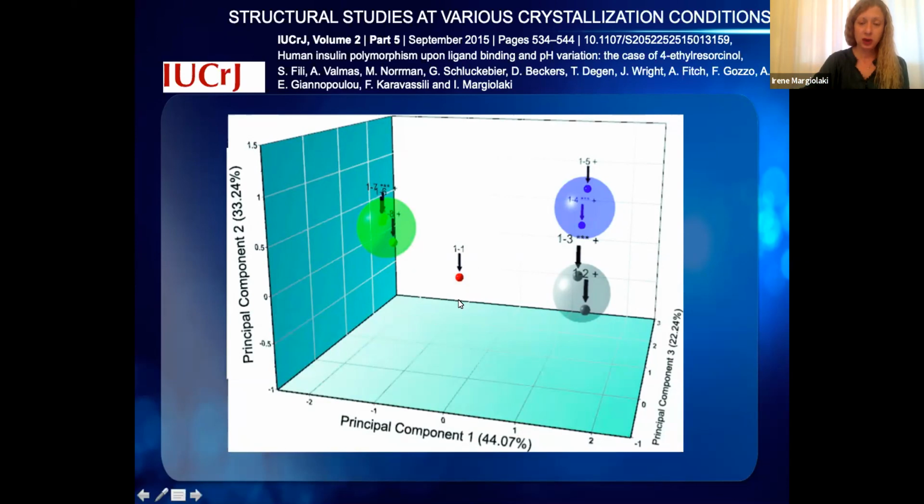We imported our data in a program, in this case called HighScore Plus, and the program clustered the data in 4 different clusters. So we knew that probably we have 4 different polymorphs of insulin with this ligand, which appear with increasing pH.